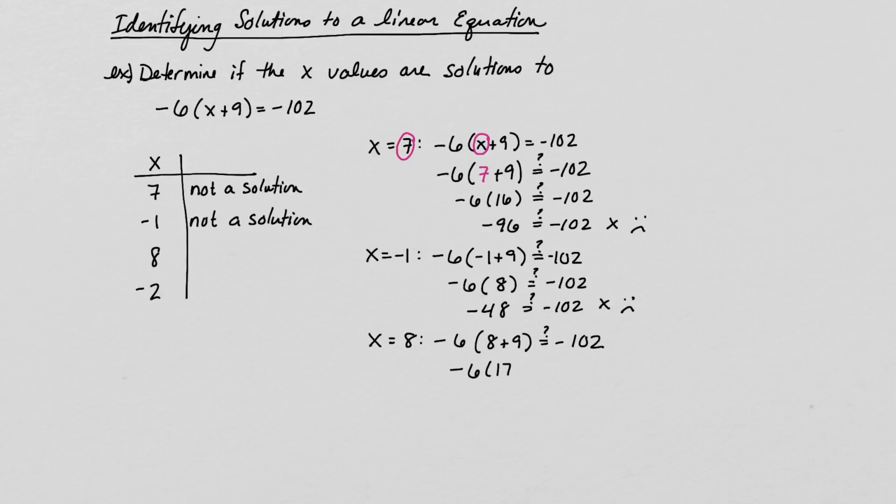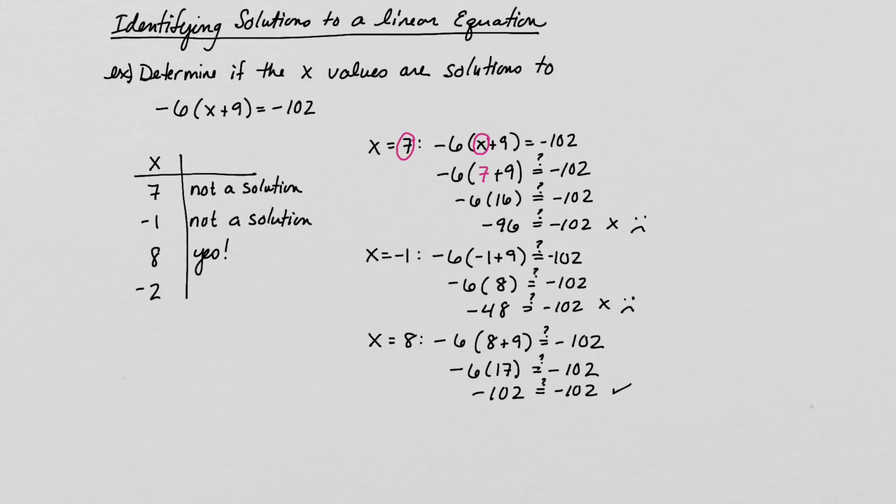So -6 times 17, I want to know, is that going to turn out to be -102? If I multiply -6 times 17, that is -102. So is -102 equal to -102? Yes.